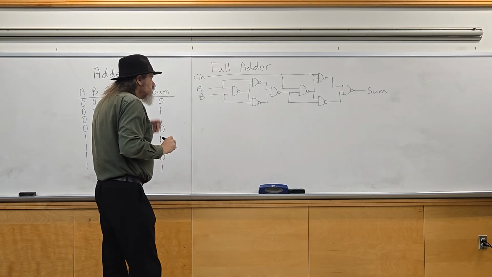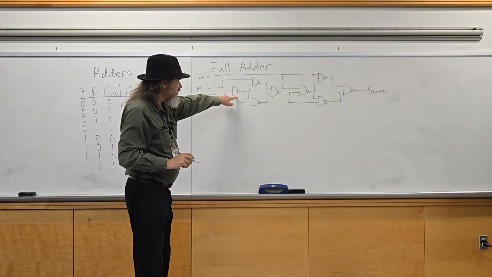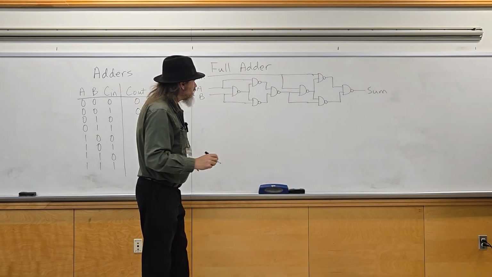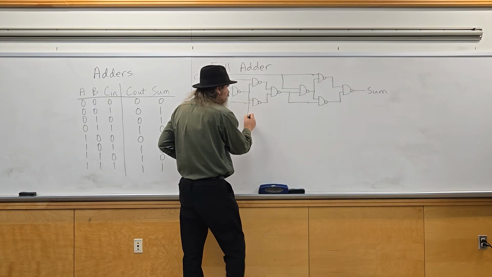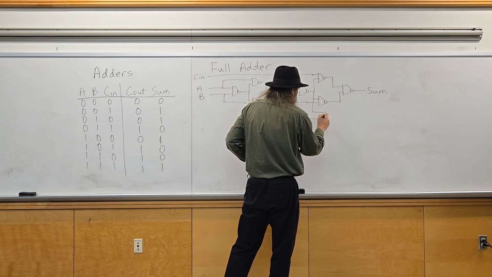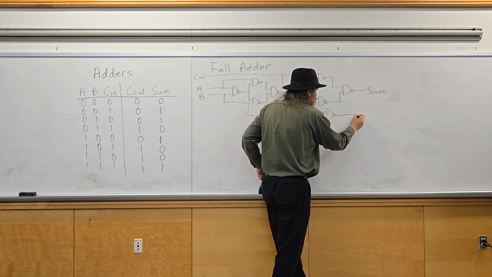And now, to OR two inverted AND gates, or two NAND gates, you would just NAND those.